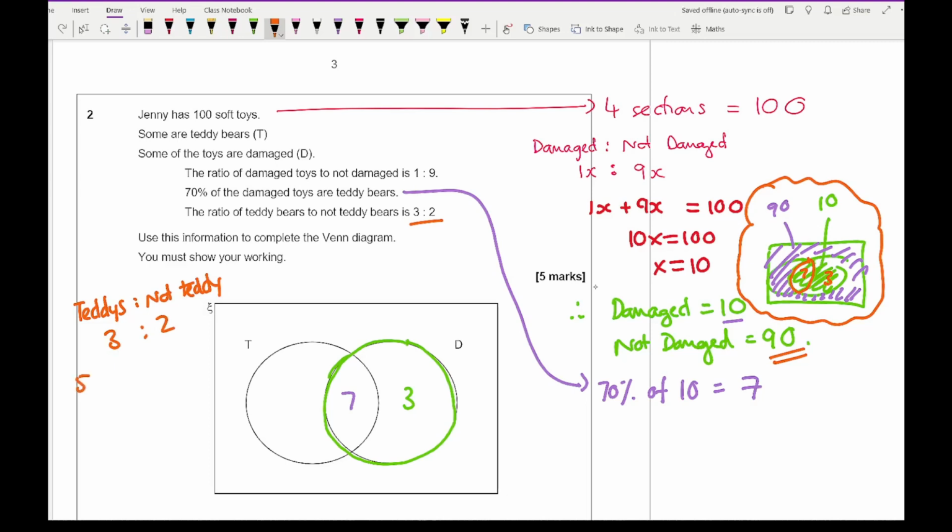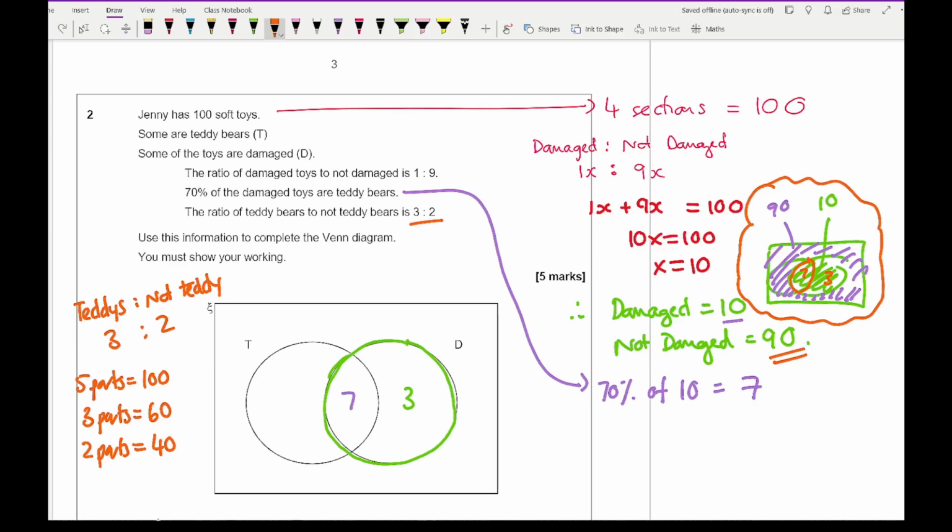So all in all, we know that 5 parts equals 100, because again a toy can either be a teddy or not a teddy. So if 5 parts equals 100, then 3 parts is going to equal 60, and 2 parts is going to equal 40. So the toys that aren't teddies are going to be 40, and the probability that it is going to be a teddy is going to be 60.